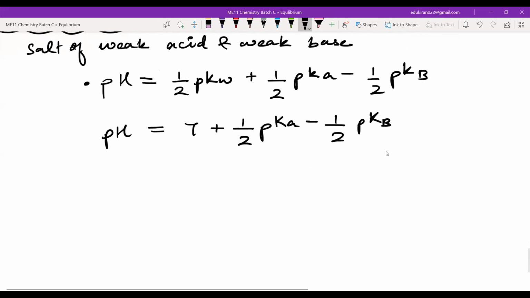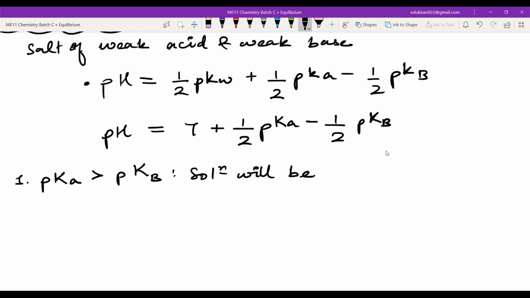In this case, you can write some results. If the pKa is greater than pKb, then the solution will be, try to tell me, will it be acidic, basic, or neutral?